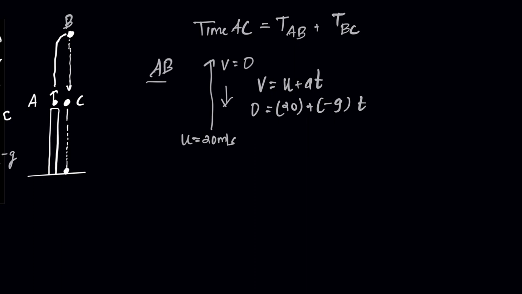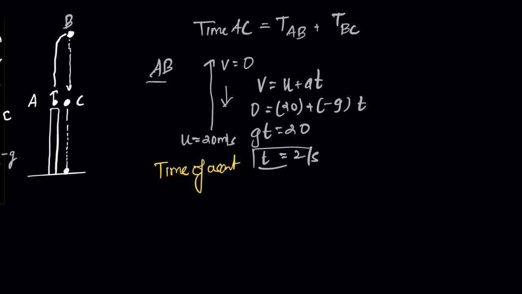If I transpose minus gt, then you get gt is equal to 20, and therefore t is equal to 2. So time of ascent is 2, which will be equal to the time of descent, and therefore the answer would be time of ascent plus time of descent, which is basically 2 plus 2 equal to 4.